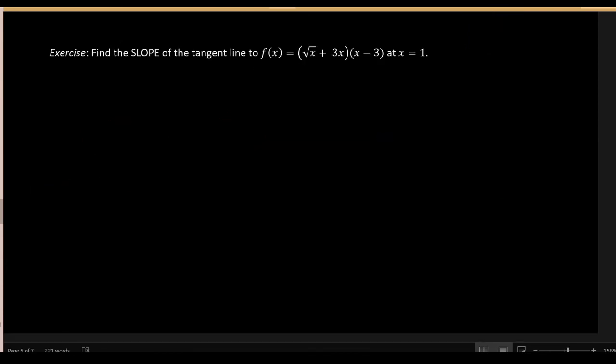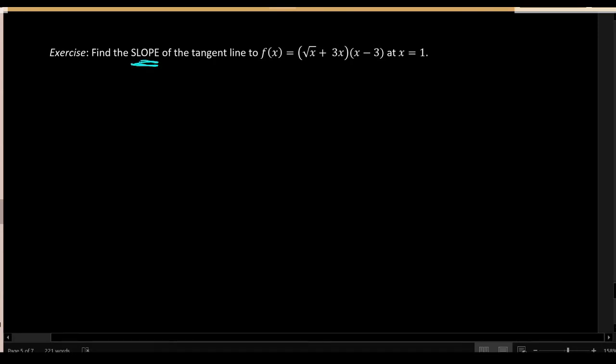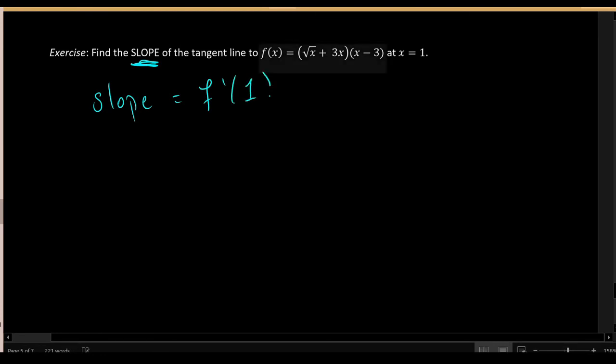As usual, we're going to do a conceptual example. So someone says, find the slope of the line tangent to this function at the location where x is equal to 1. So I'm looking for the slope of the tangent line, and I'm going to remind myself that that means I'm looking for f prime at the location where x is equal to 1.